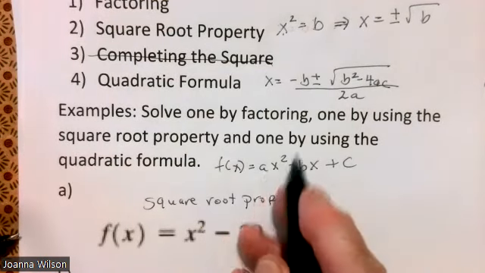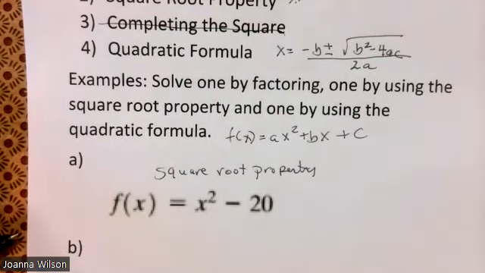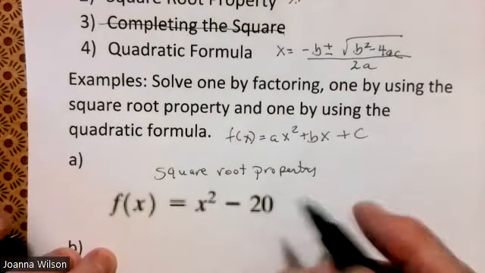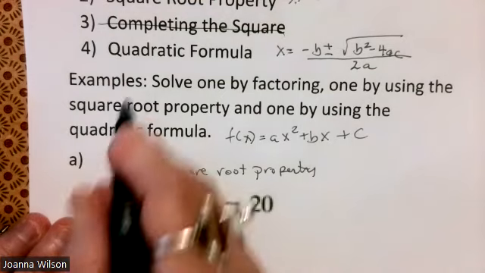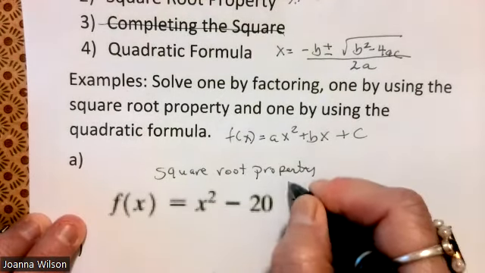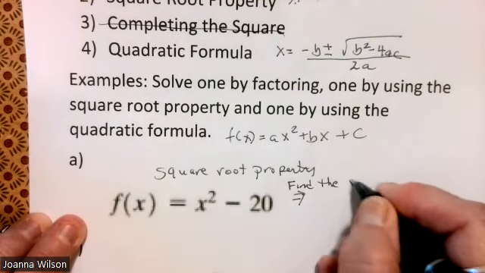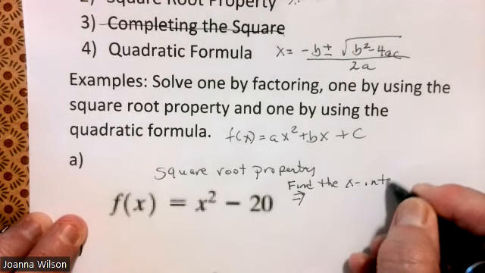If it only has the square term and then the constant, you can use the square root property. Because I'm finding the zeros, I'm going to set it equal to 0. You can call these the zeros or the x-intercepts. They're the same thing.